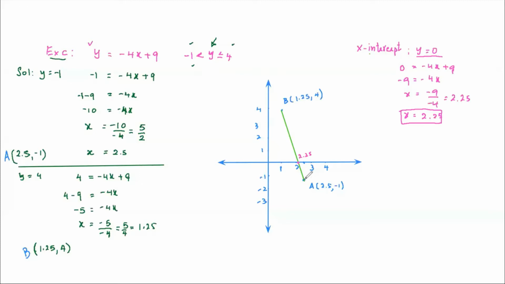You should label it with the open sign, okay? Because there is no equal sign underneath here. But here there is an equal sign, right? So you have to draw a black dot at the end point here. So this graph represents y between -1 and 4.